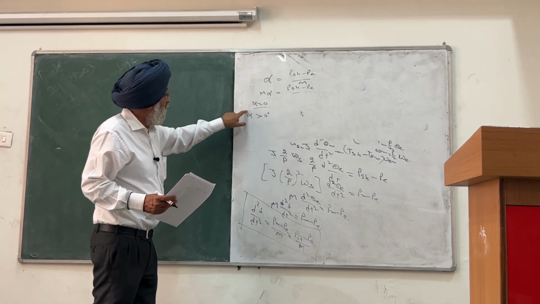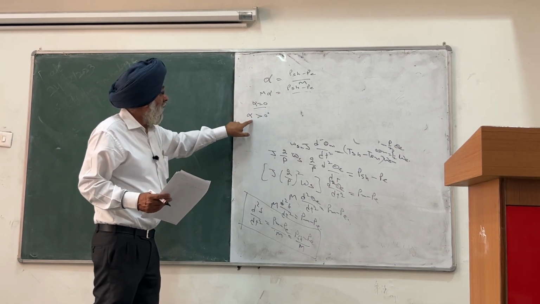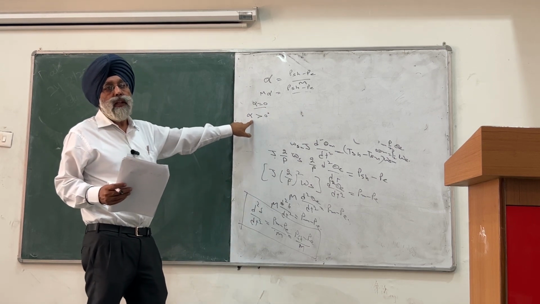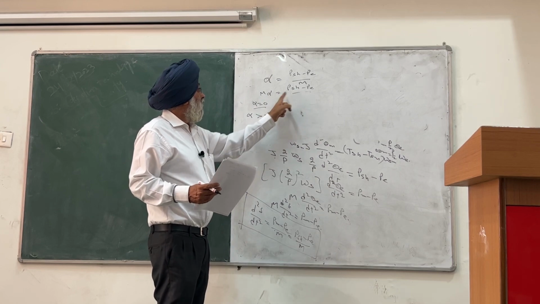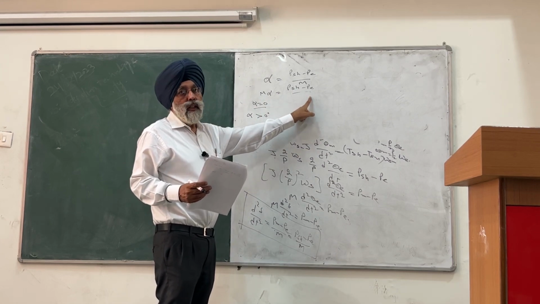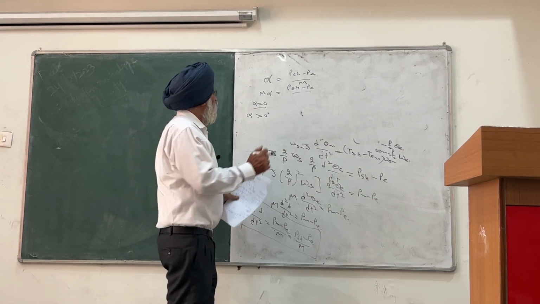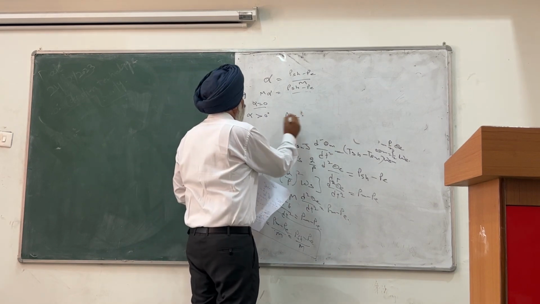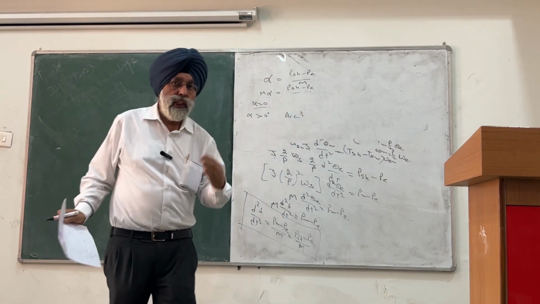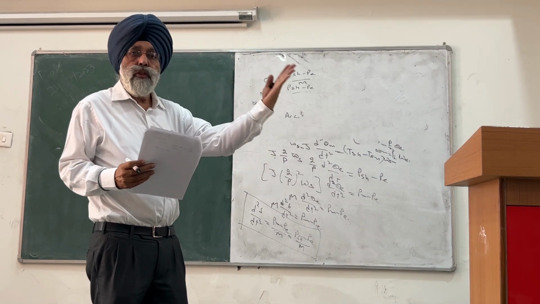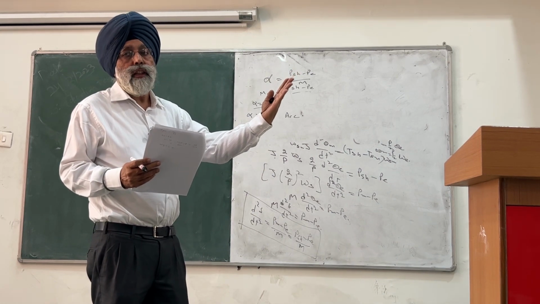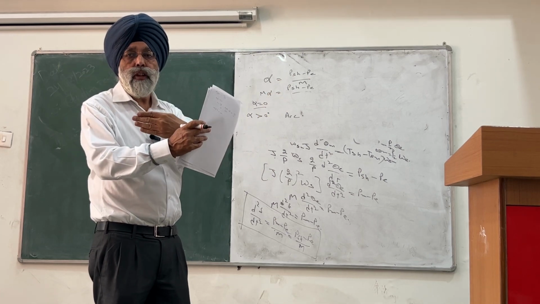If alpha is greater than 0, your mechanical power is greater than the electrical power, and it is the acceleration. Acceleration means your machine speed is increasing, so your delta is also increasing in case of the generator, and the reverse will happen in case of the motor.